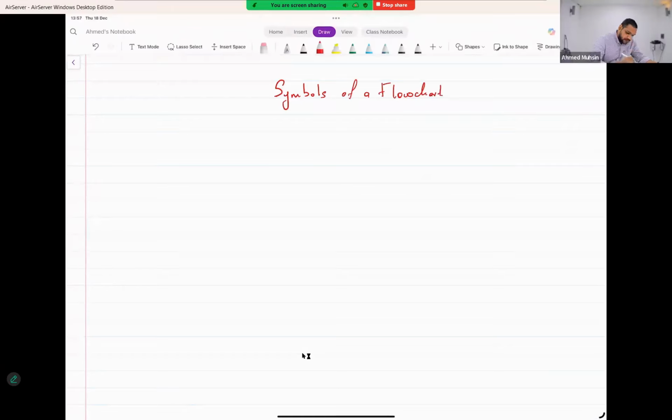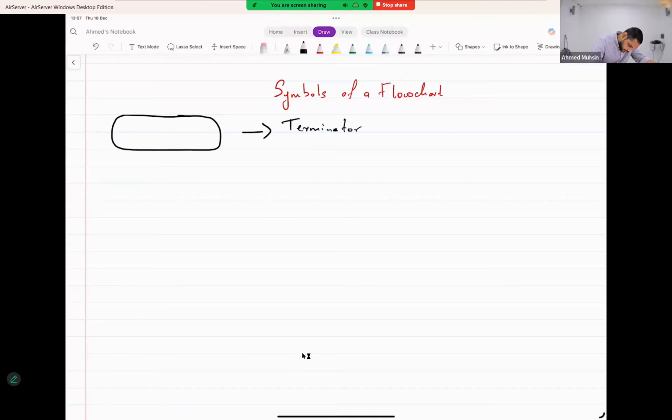So what do we draw? The terminator, start and stop, or start and end. Terminator, start or stop is represented here.